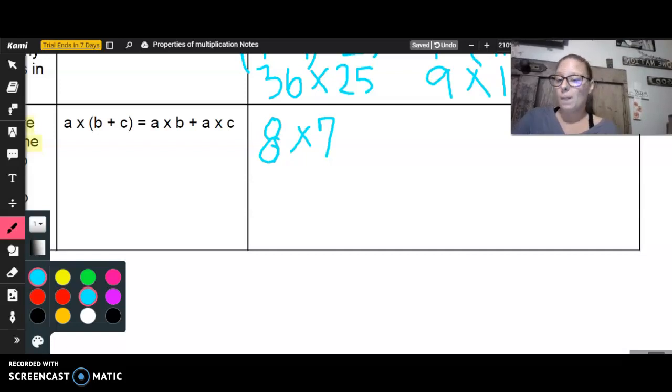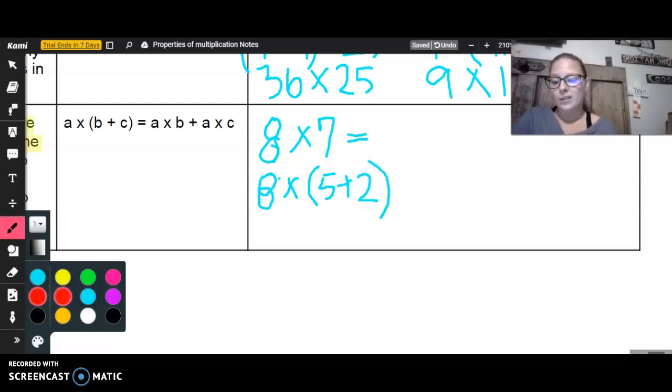But we do know that we could break apart the 7 into 2 numbers so that 7 would be the sum. So how can we break apart 7? We could do 5 plus 2. So then instead, we could do 8 times 5 plus 2.